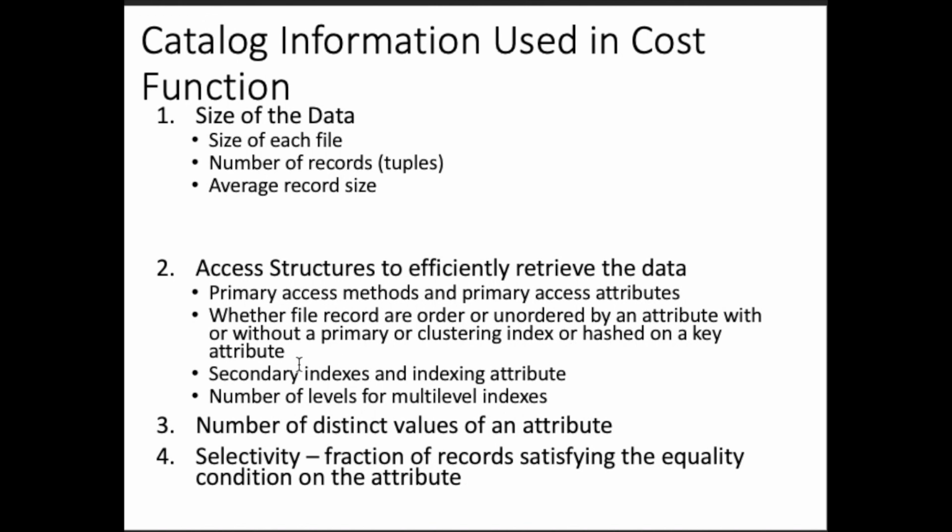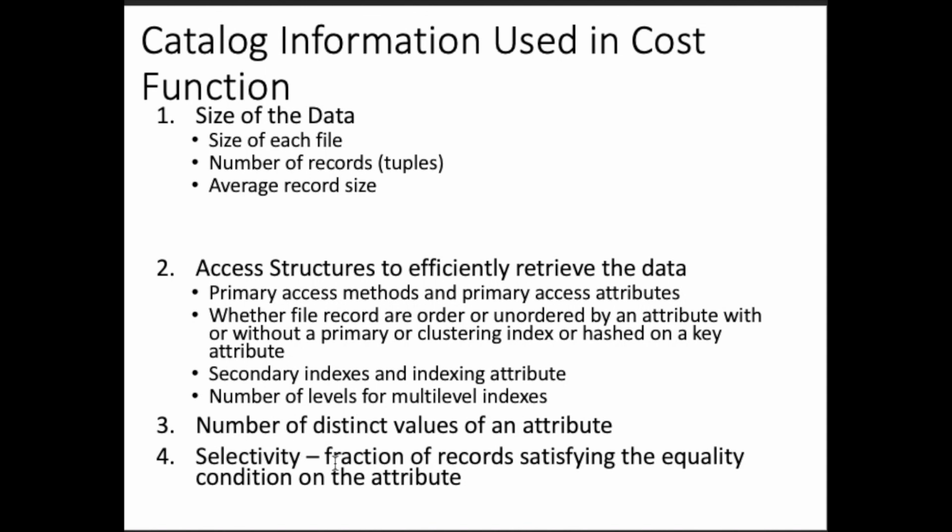So, yung paggamit ng mga secondary indices and number of levels of multi-level indices, just like in the B plus trees na gumagamit ng multi-level index. And then for item 3 and 4, the number of distinct values of a particular attribute, medyo mas complicated siya because if we have, let's say, konti lang yung distinct values ng particular attribute na yun, mas makakapag-generate tayo ng cluster index that we can use to efficiently access yung contents ng mas mabilis.